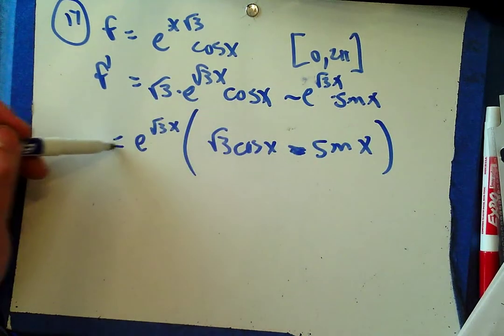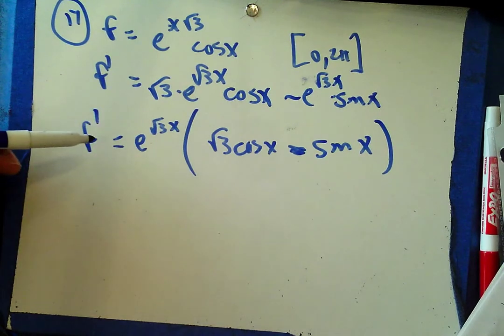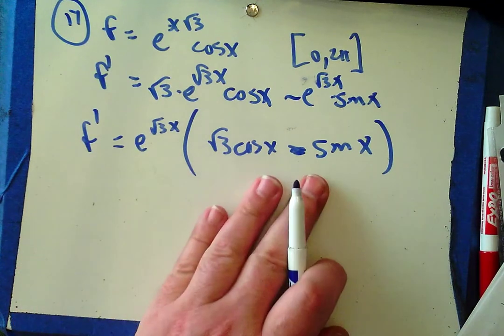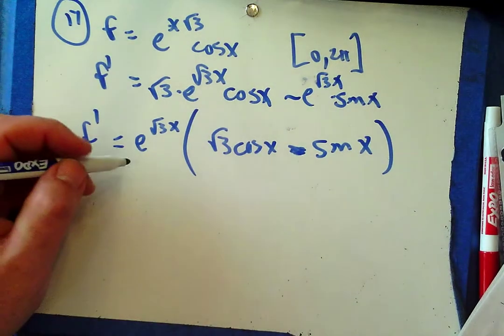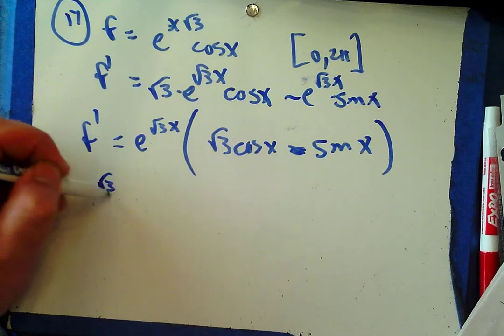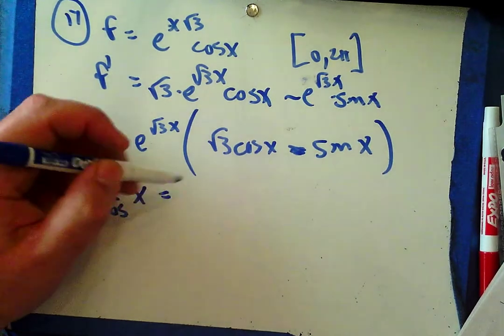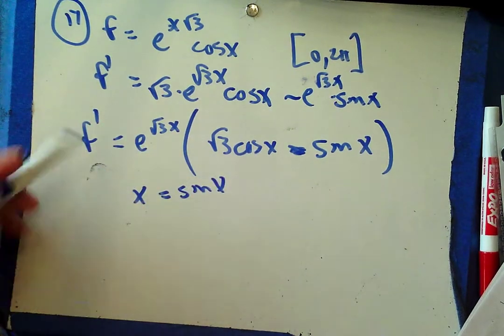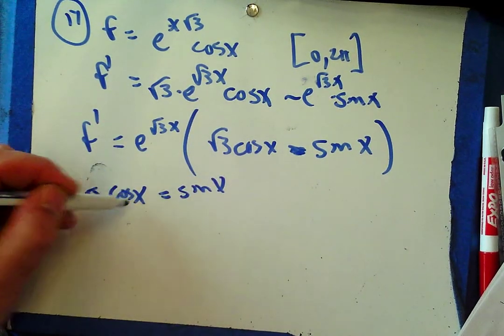This e to the root 3x is always positive, so for the purposes of finding critical points, it will never be equal to 0. I'm really only concerned with when this equals 0. And this is root 3 cosine x equals sine x.